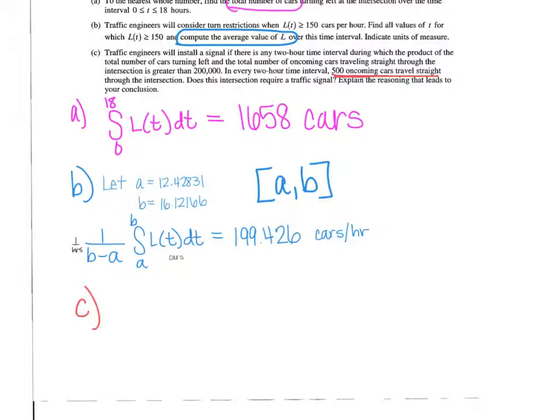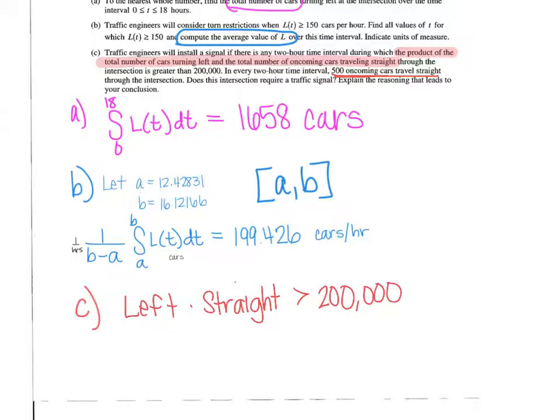The product of the total cars turning left and the total cars going straight. Well, first of all, product is multiplying. So the cars turning left times the cars going straight would have to be greater than 200,000. Well, how do we find when the cars are turning left? We find it by using the integral of L of t.